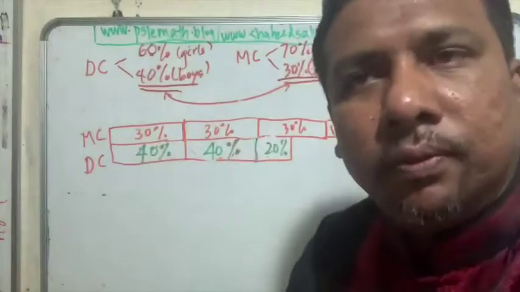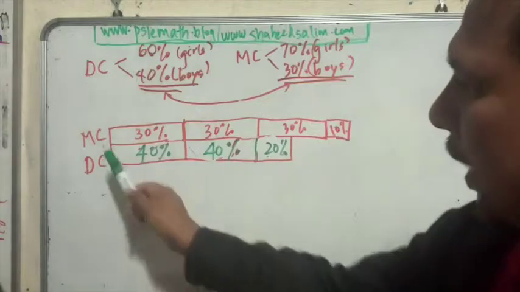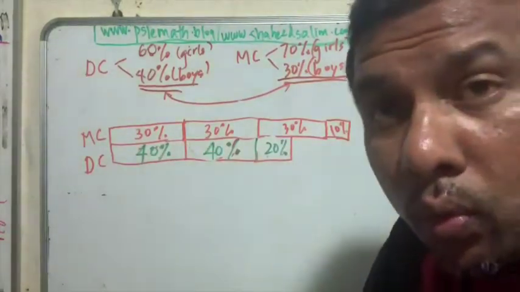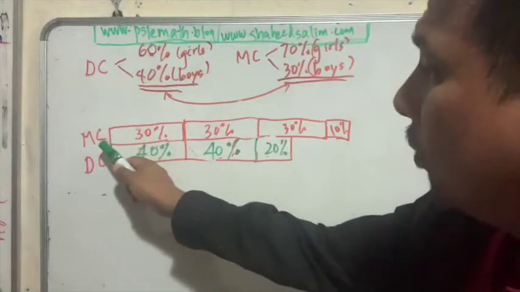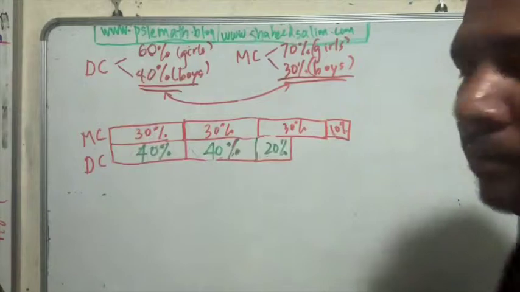Okay, let's observe the two models. Do you realize that by drawing this model, we know that there's more members in the media club than the dance club? Can you see it's longer?